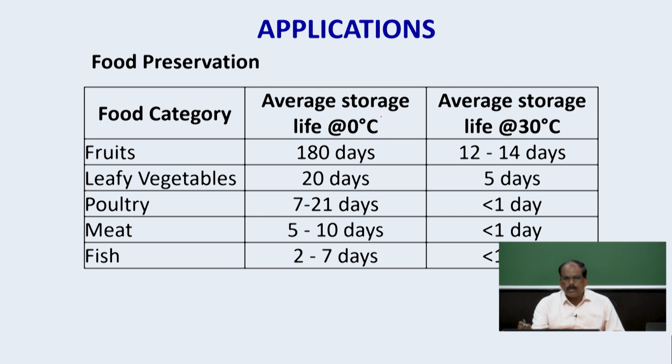Whereas if we don't go for a controlled environment, if it is stored at normal condition at 30 degrees centigrade, or maybe slightly less than the ambient condition, it is 12 to 14 days, because in summer the temperature goes up to 40, 45, 50 also.